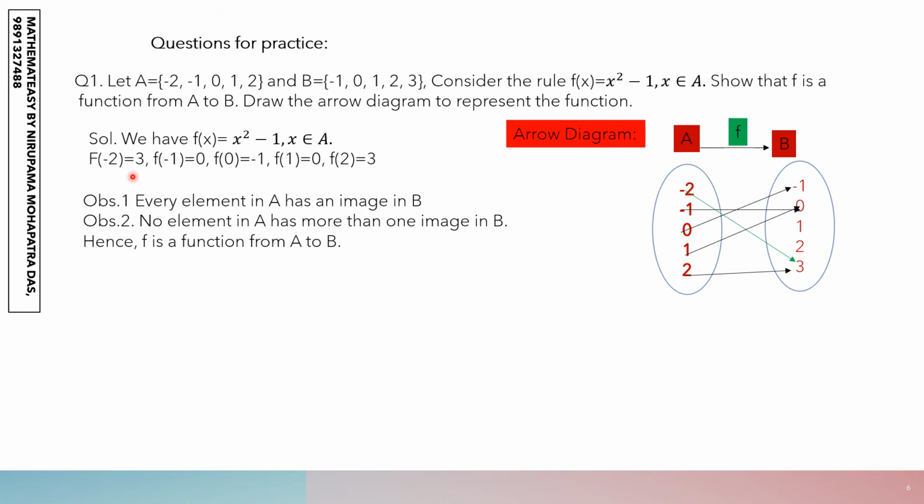Now here you see, you have -1, 0, 1, 2, 3. So our observation here is every element of A has an image in B. So every element of A is associated with a unique element of B. Now second observation, no element in A has more than one image in B. So the second observation is basically that the association is unique.